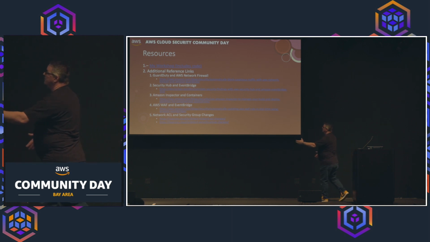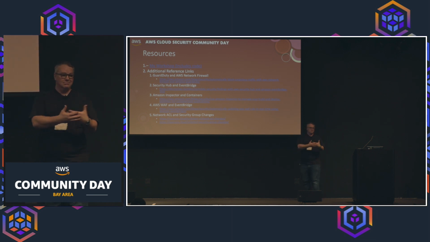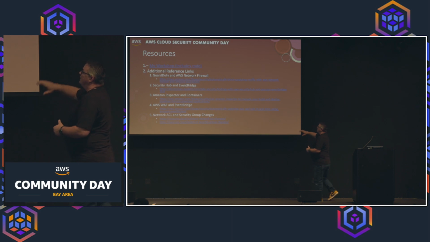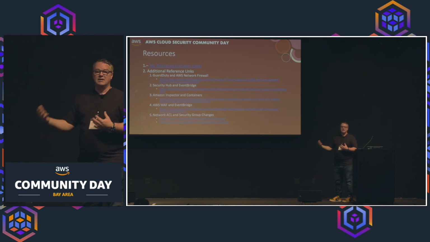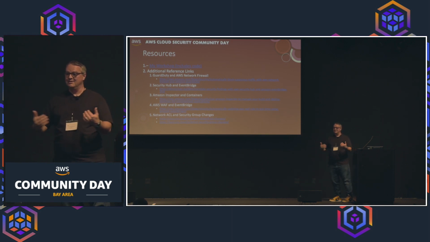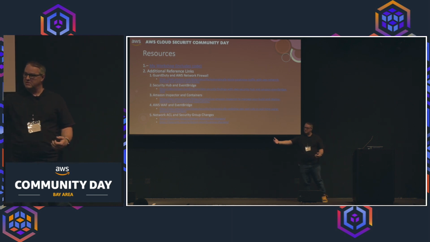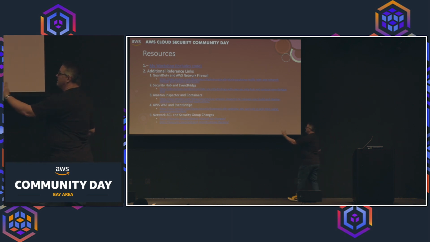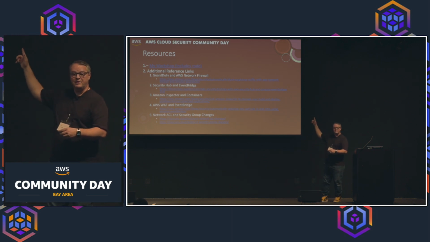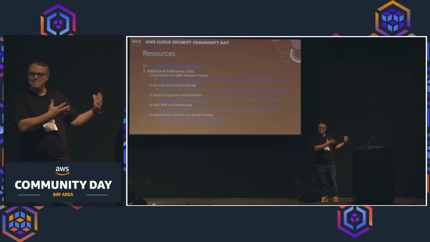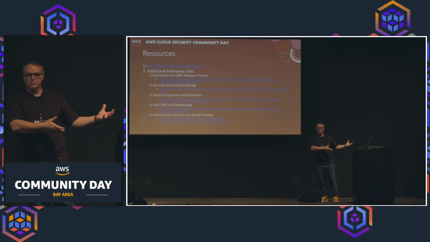Security Hub and EventBridge, and taking information from Security Hub and doing something. Inspector and containers, right? Again, different things. Get information from Inspector, go do something with my containers. AWS WAF, right? So not exactly network firewall, but my web application firewalls. See something, make a change in my WAF rules.